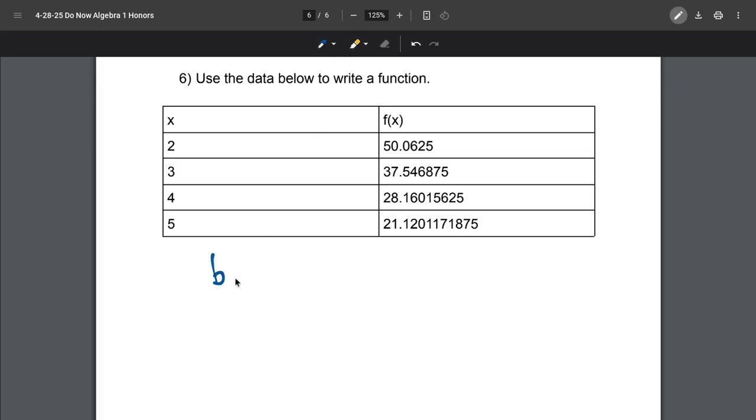Let's divide this value, 37, by 50. So b is going to be less than 1. So we'll take 37.546875 and we'll divide it by 50.0625. And that'll give us 0.75.